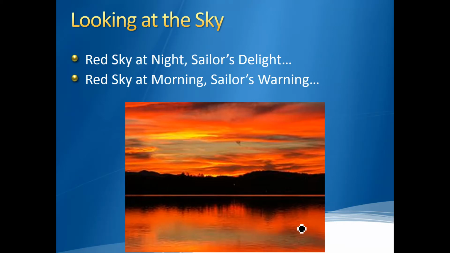Here's what this indicates. Here in the mid-latitudes, weather typically follows the mid-latitude westerlies. What that means is that it travels from west to east. Well, we also know that the sun rises in the east and sets in the west. Well, if at night the sky is red, what that means is that sunlight is reflecting off of clouds to the east, giving you that brilliant reddish tint.